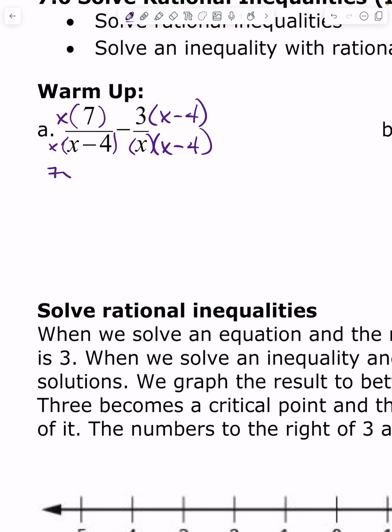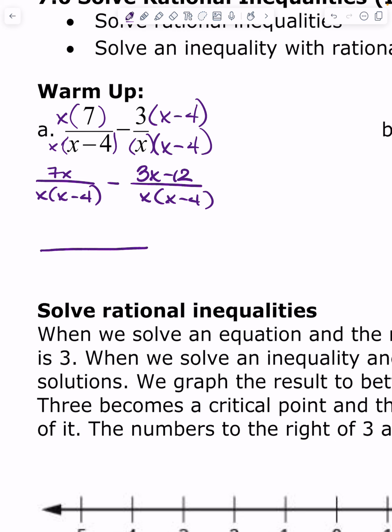So I get 7x over x times x minus 4, and I am going to suggest that you keep things factored, because if at the end we can go ahead and subtract something, or cancel something, we're going to need to factor the denominator anyway. So I have a common denominator of x times x minus 4.